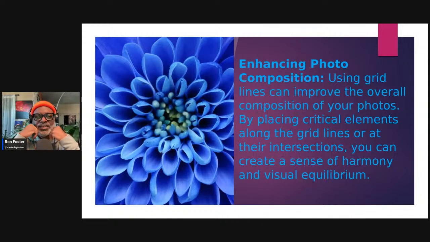Here's a thought: television, film. When you go to the movies or watch a television show, you are looking at composition throughout. But there are certain compositions where you can see the grid line. You will never look at a movie the same after this.